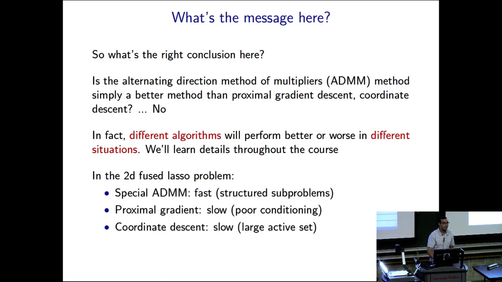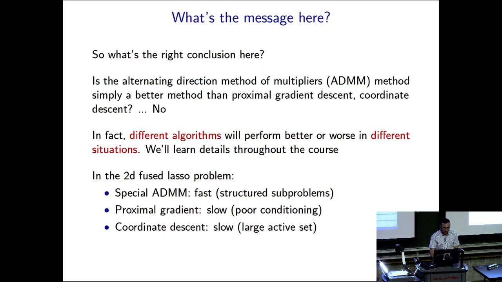That's not the case, and that's not the conclusion you should be drawing. This is just an example of the fact that different algorithms perform better or worse for different problems. And we're going to be learning details throughout the course. And I'll try to give you a summary in a big table somewhere towards the middle of the course. It summarizes a lot of the strengths and weaknesses of various algorithms.